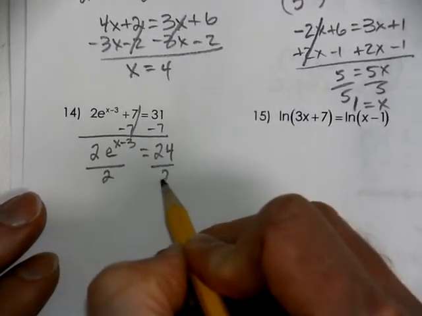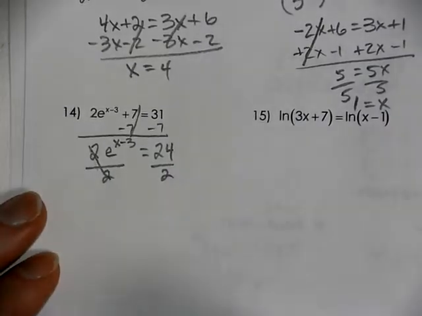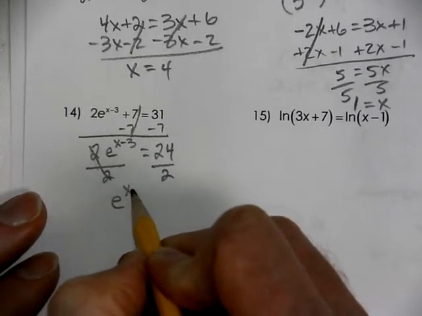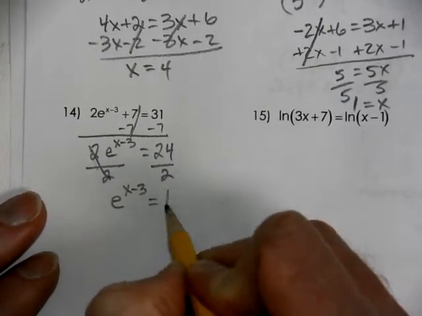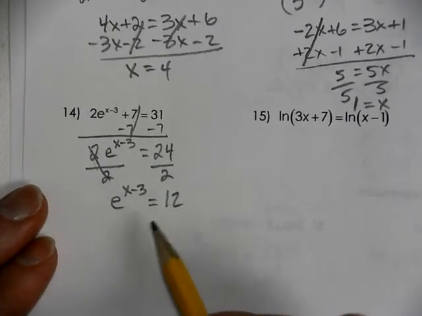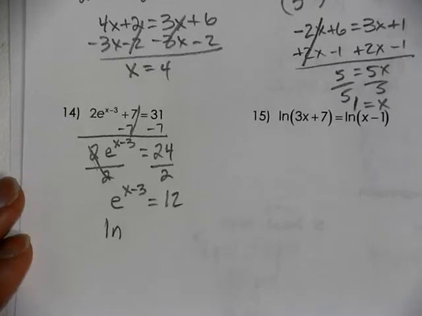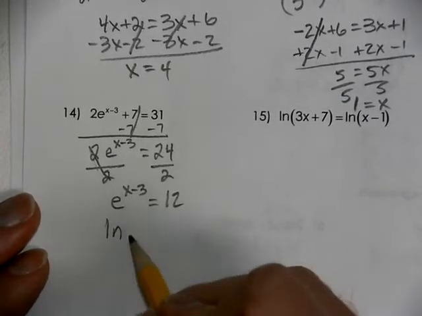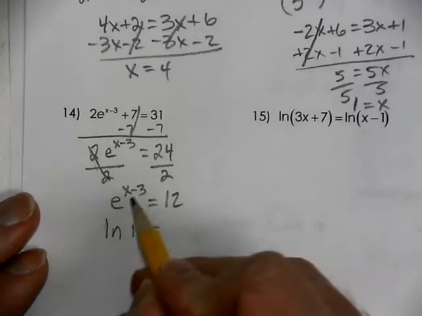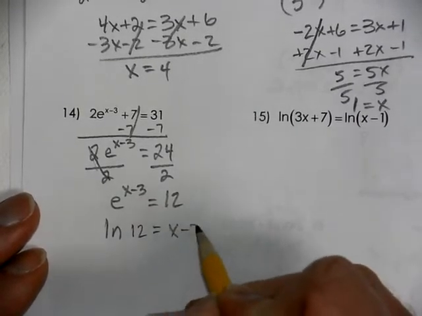We would divide by the leading coefficient. Now we're solving for an exponent, so we can use a logarithm. Whenever you have the e as a base, you're going to use natural log. Natural log of 12 equals the exponent.